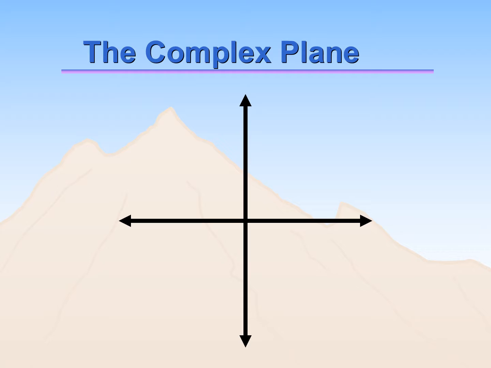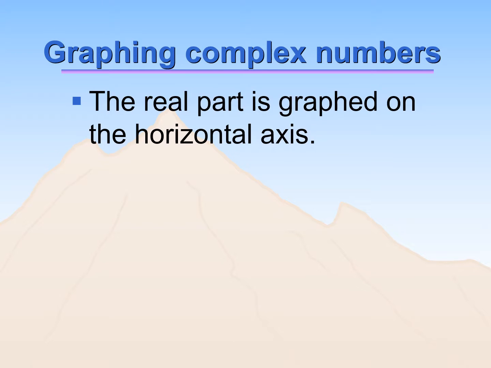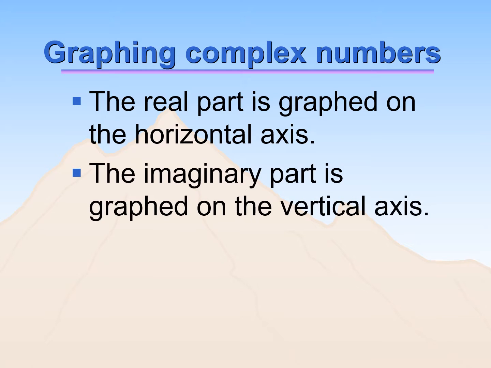However, on the complex plane, the horizontal axis is the real part of your complex number, and the vertical axis is the imaginary part. So when you're graphing your complex number, you graph the real part on the horizontal axis, and the imaginary part on the vertical axis.